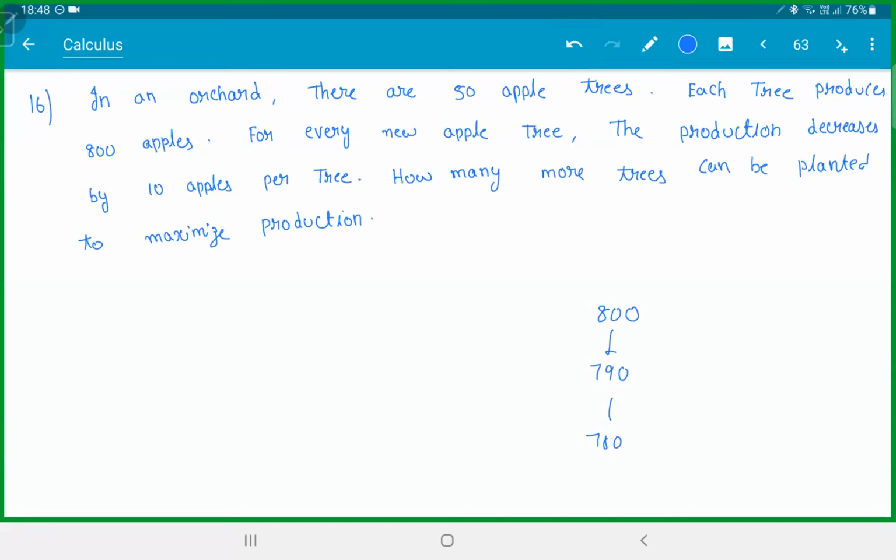But by planting new trees, you're getting extra apples also. So how many plants should I plant so that I get the maximum number of apples? If I plant a lot of trees, all the plants will stop producing. For example, if I plant, let's say 50 trees, all the trees will produce 300 apples only. They will reduce the production by 500 apples per tree. Got the question? Yes, sir.